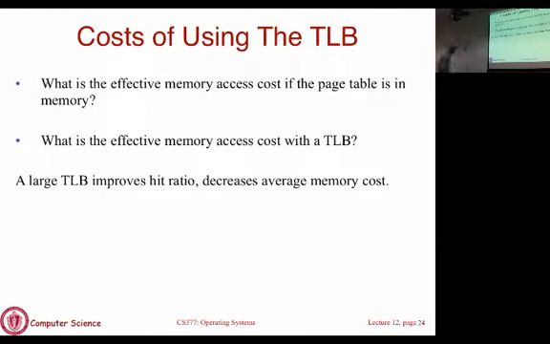If M is the cost, or the time, to do a memory lookup, let's say MA, memory access, then the effective memory access is 2 MA, twice the cost. Every time you have an instruction with a memory operand, there is a second memory lookup. So 2 memory lookups for every instruction that has a memory access.